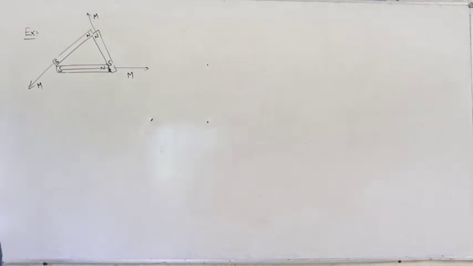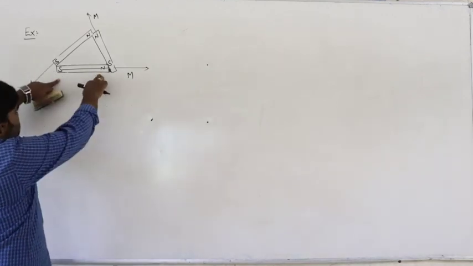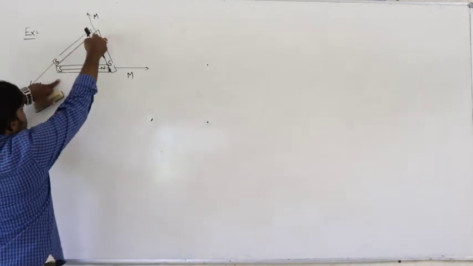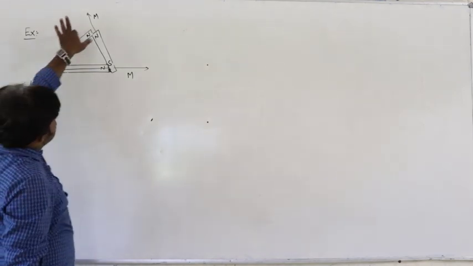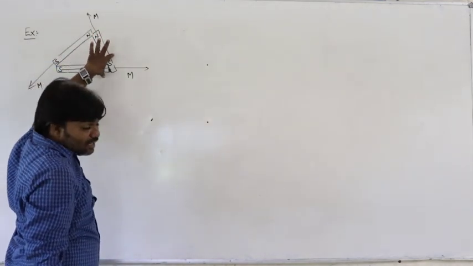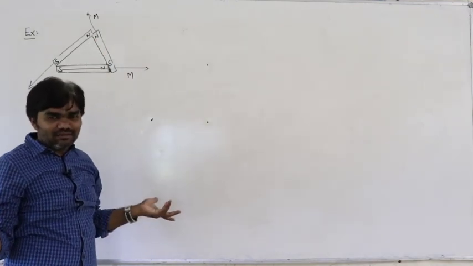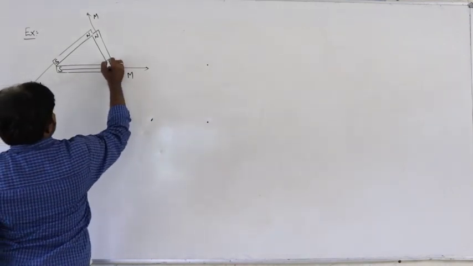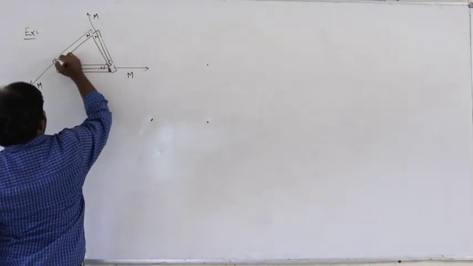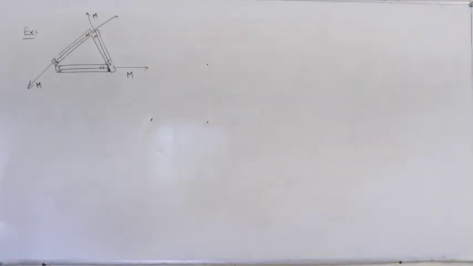In all possibilities, all like poles touching each other is not possible. See here, this is south, north, north, south, like that. Here like poles touching each other, here also, and here also. That condition does not happen. So here south, north, this is also south, north, and this is south, north. That is the direction.